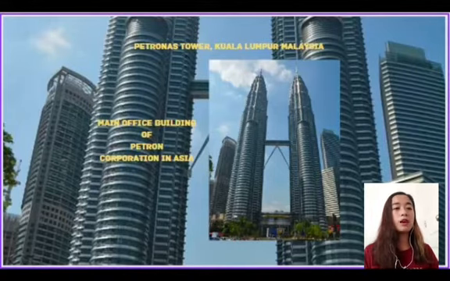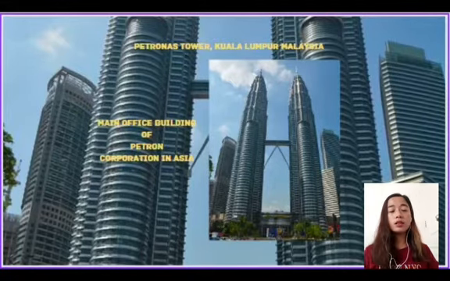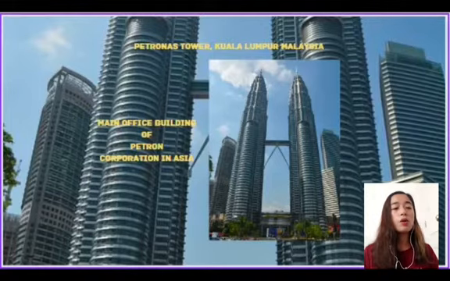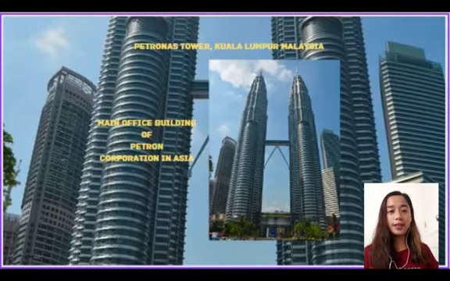And in this slide we would see the Petronas Towers, Kuala Lumpur, Malaysia, main office of Petronas Corporation in Asia. The twin towers, built to house the headquarters of Petronas, the National Petroleum Company of Malaysia, were designed by the Argentine-born American architect Cesar Pelli. They were completed in 1998.